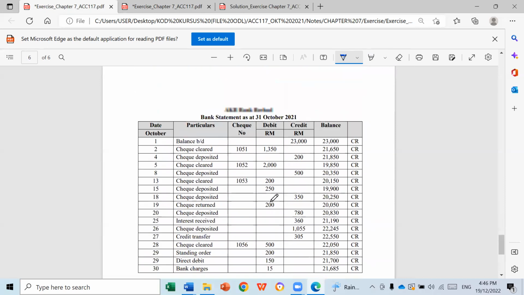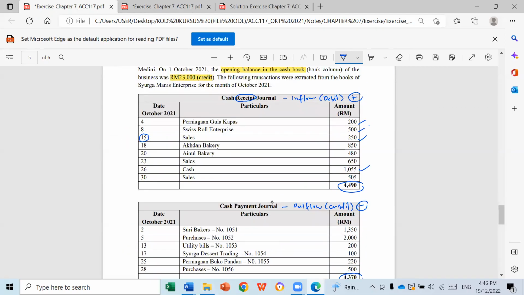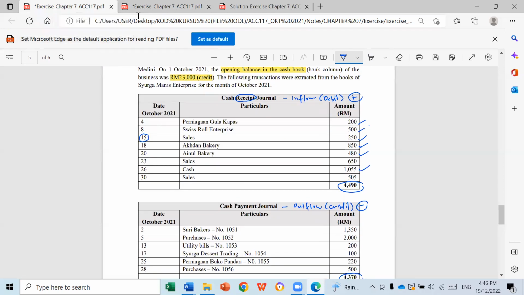So these two have been recorded by both the cash book and the bank, however the error has been made by the bank. Let us look at the transactions on the 18th and 20th. So we have another error here, made by the bank. The correct amount is what is recorded by the cash book.